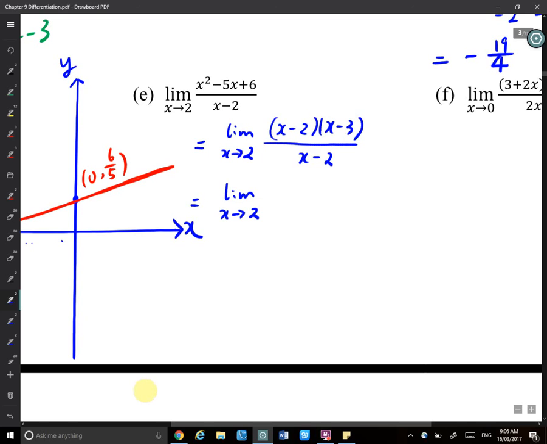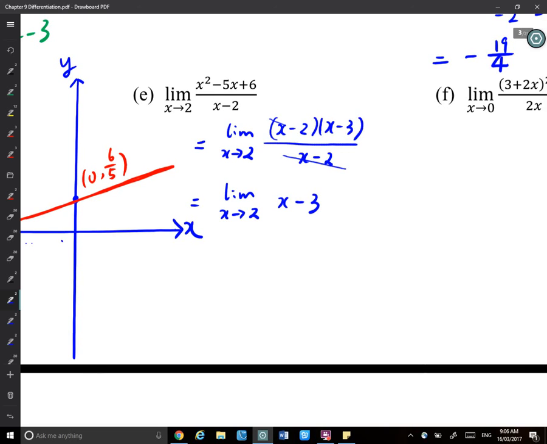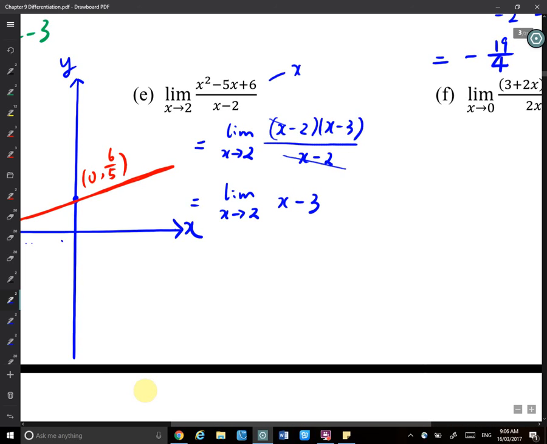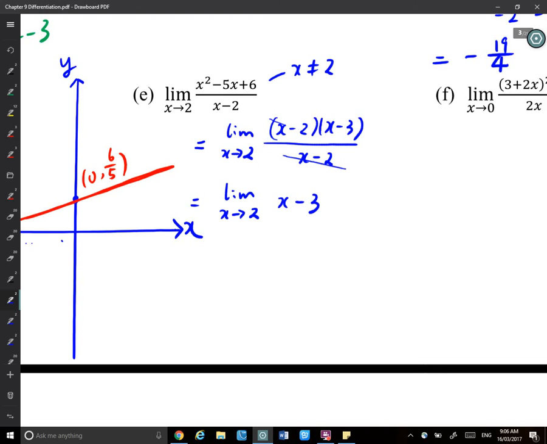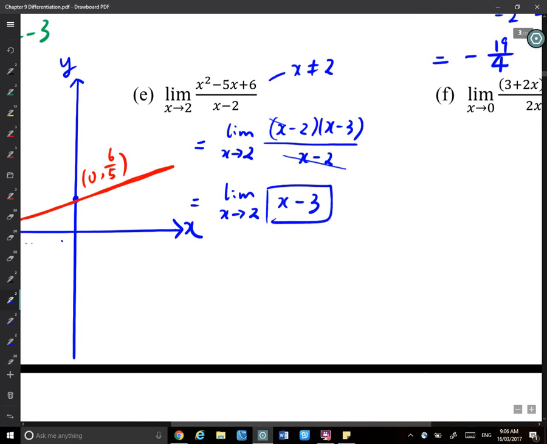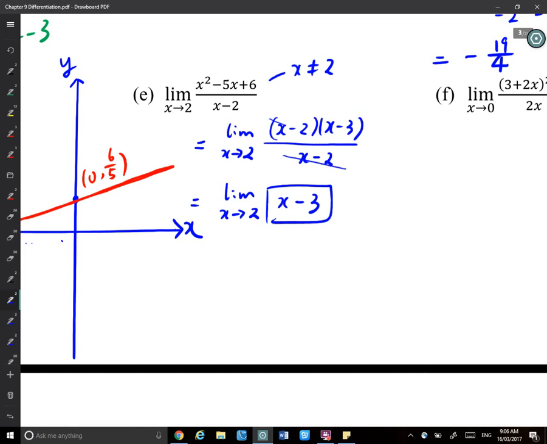So keep it there, cancel them, you will have x minus 3. So it's still a linear, x minus 3, but you will get an open circle at x equals 2. Because from the very beginning, the function gives you the domain restriction, x cannot be 2. So after you simplify to a linear function, at x equals 2 it is still an open circle.